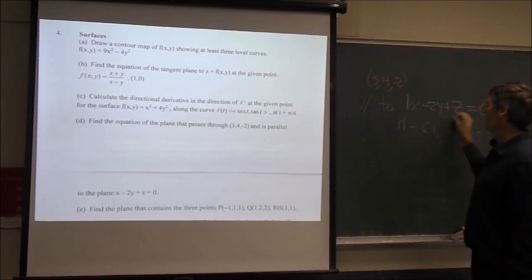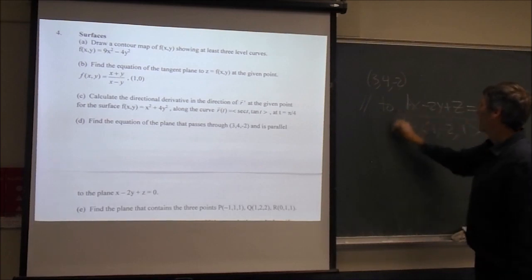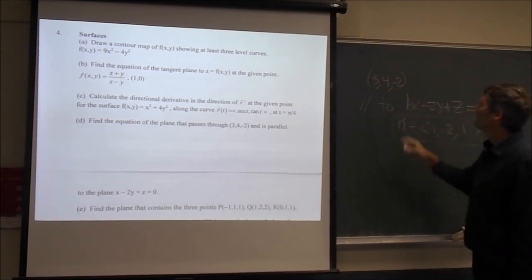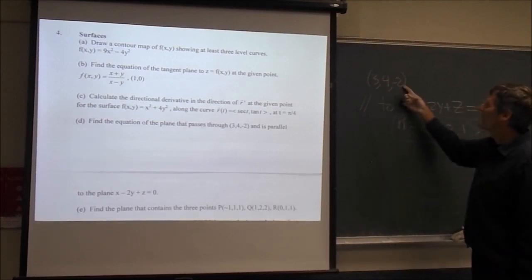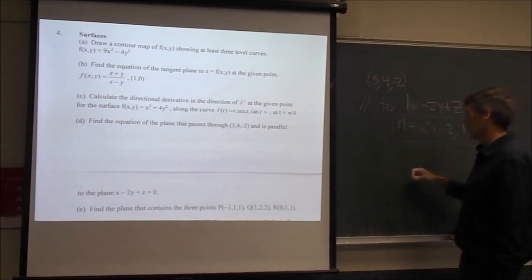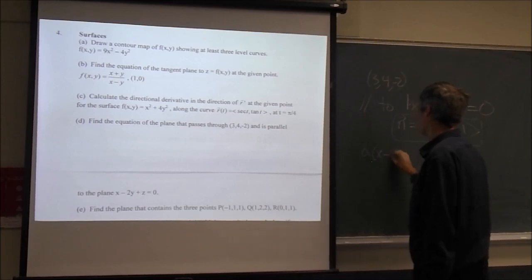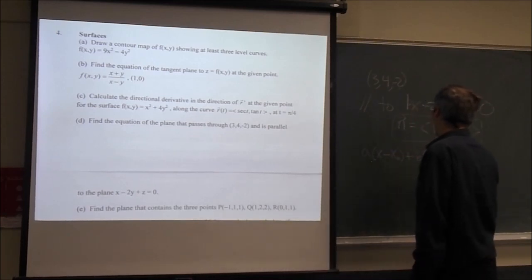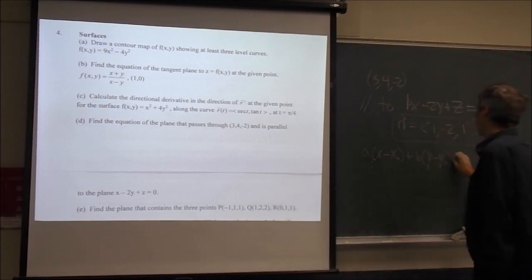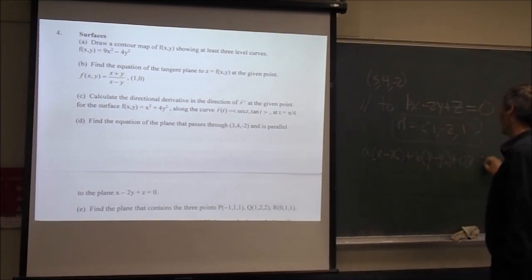So I want a plane that has this normal vector and this point. I just use the point normal form, and I say a times x minus x0 plus b times y minus y0 plus c times z minus z0 equals 0.